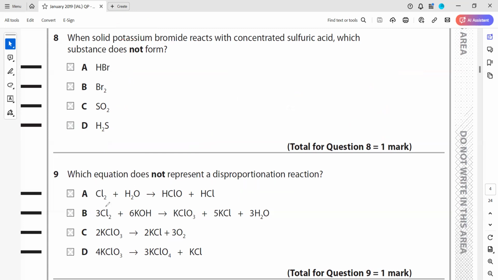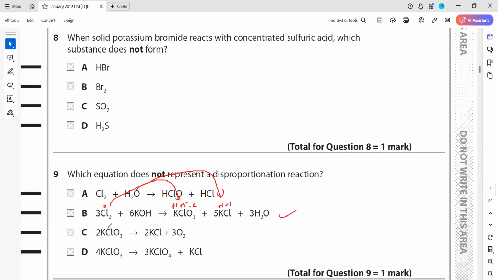When we check the second one, chlorine is 0 here. Each oxygen is -2, 3 will be -6. Potassium is +1, so chlorine is +5. Here +1 and -1. So 0 becomes +5, 0 becomes -1, so oxidation and reduction happen. So this is also a disproportionation reaction.